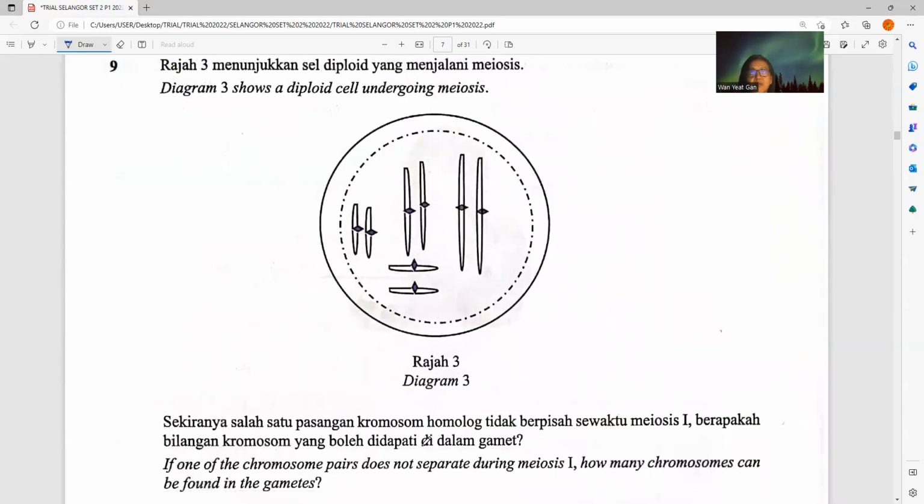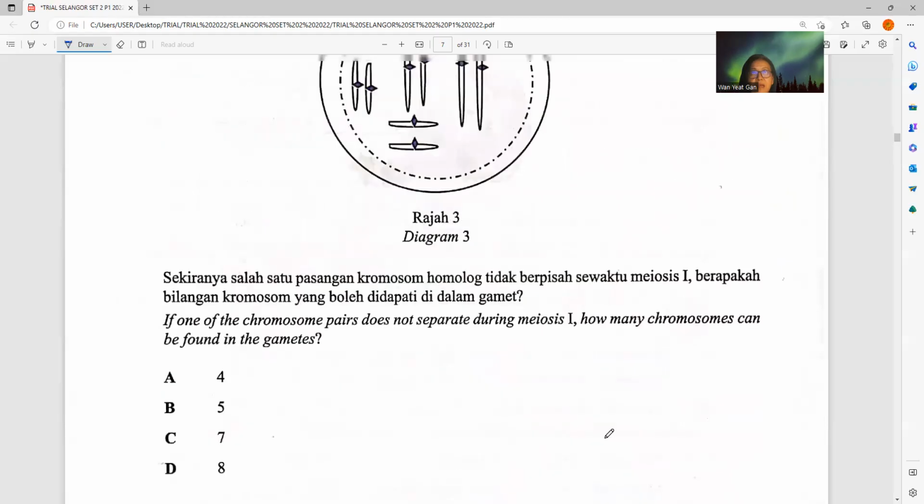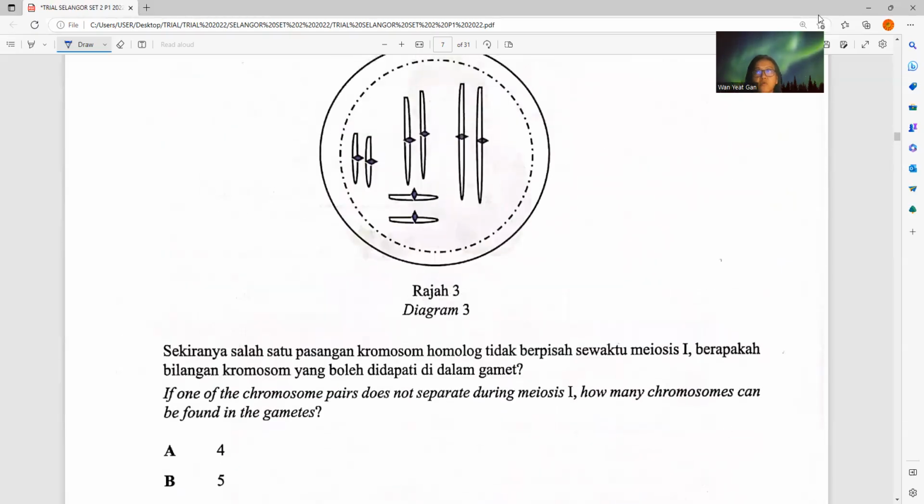Okay, so question 9. Diagram 3 shows a diploid cell undergoing meiosis. If one of the chromosome pairs does not separate during meiosis 1, how many chromosomes can be found in the gamete? Now, in total, there are 8 chromosomes. So if the chromosomes divide equally, then there will be 4 in each gamete.